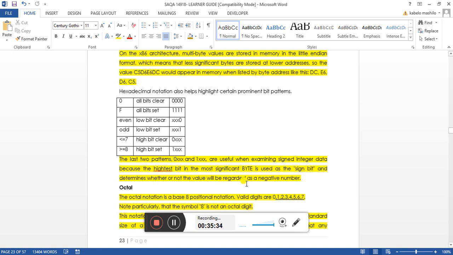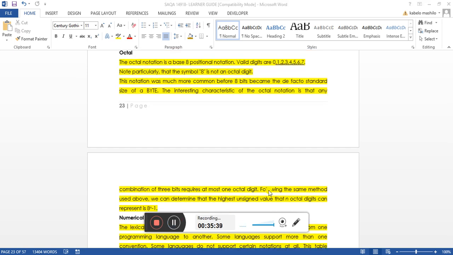So now we'll be moving on to the octal notation, which is a base 8 positional notation. Valid digits are 0, 1, 2, 3, 4, 5, 6 and 7. Note particularly that the symbol 8 is not an octal digit. This notation was much more common before 8 bits became the de facto standard size of a byte.